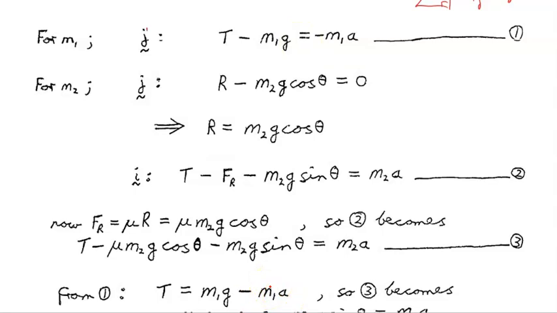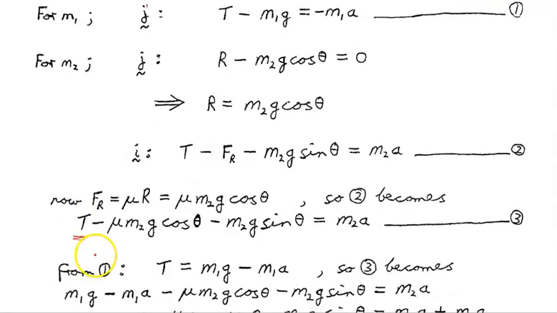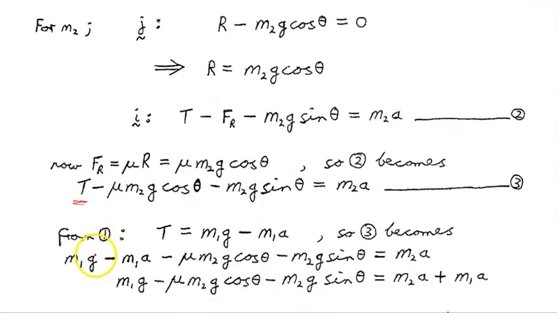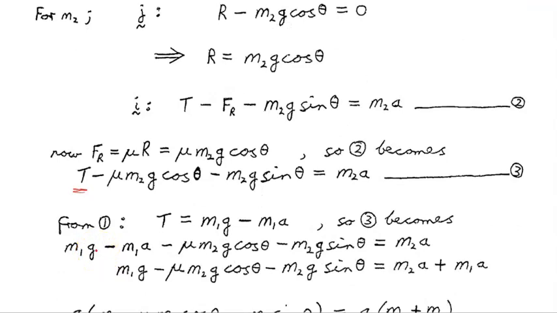Now we can substitute that into equation 3. And so 3 becomes m1g minus m1a minus mu m2g cos theta minus m2g sine theta equals m2 times a.